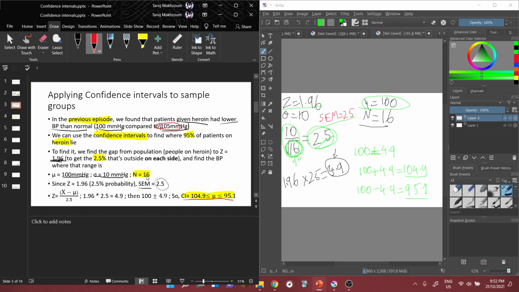There is a 95% chance that the mean of the total population after taking heroin is going to be within this range. It's going to be within this range, okay?